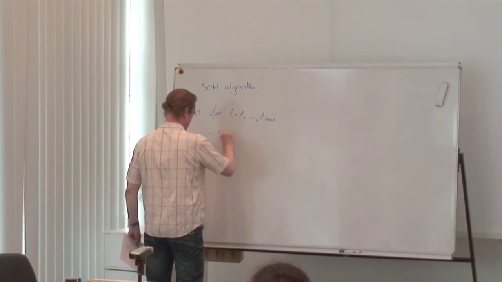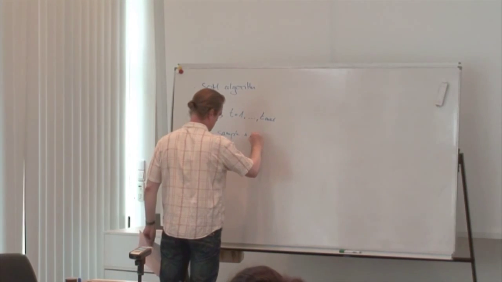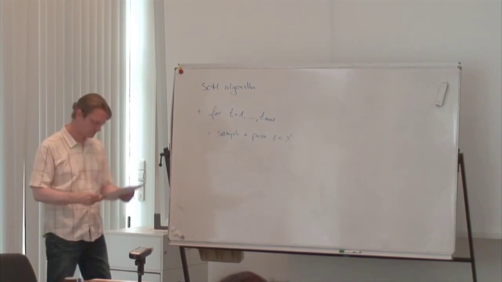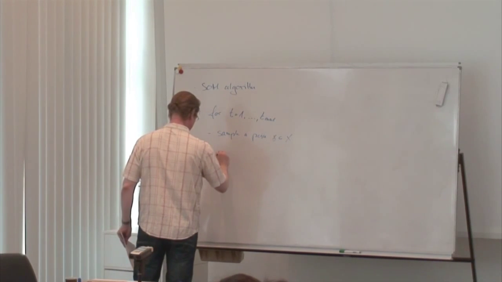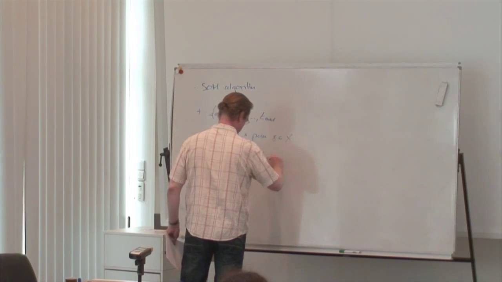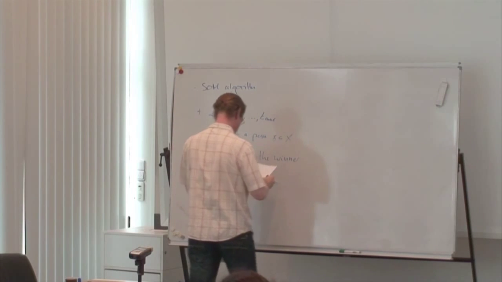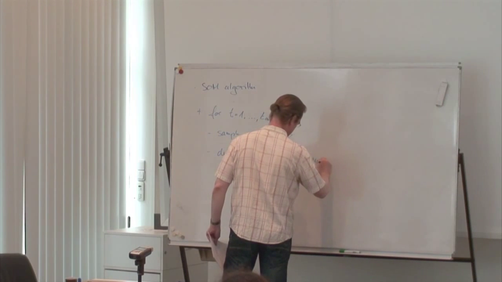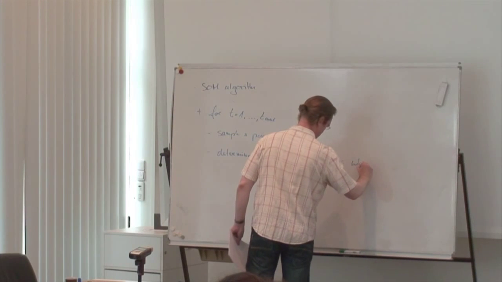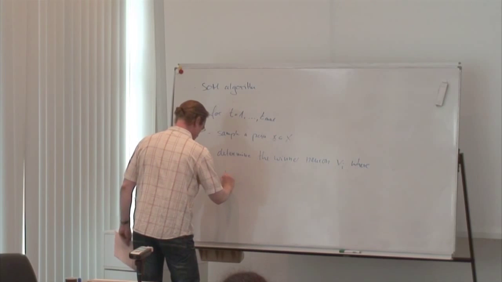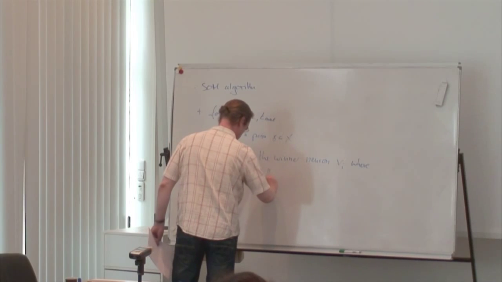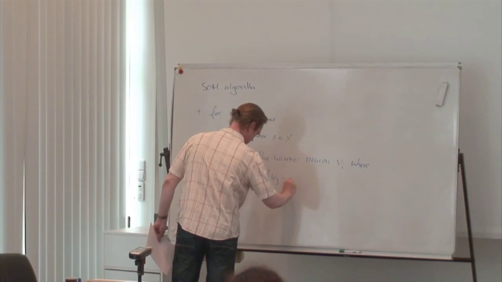Just as we did before, we sample a point x in the data set we are given, and we determine the winner neuron, let's say, it's a stupid term, vi, where, just as we did before, this i is the arg min over all the j of the norm of wj minus x.